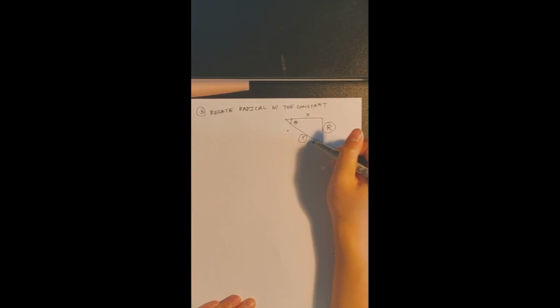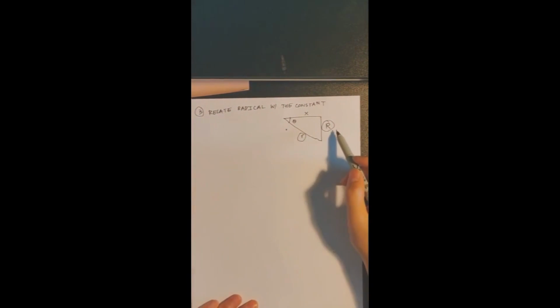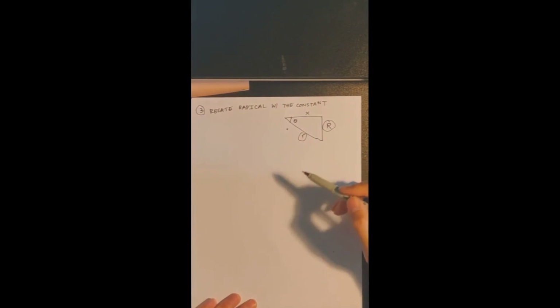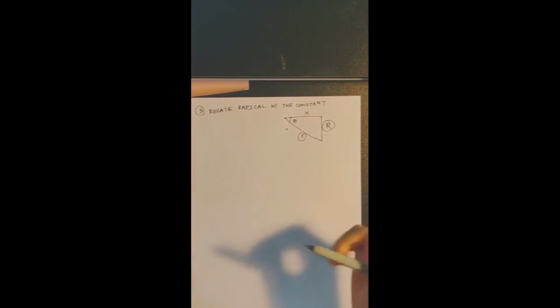So r is just going to be our hypotenuse, and big R is just going to be the opposite. So how do you relate this? We have a hypotenuse and opposite, meaning that we have to use sine.